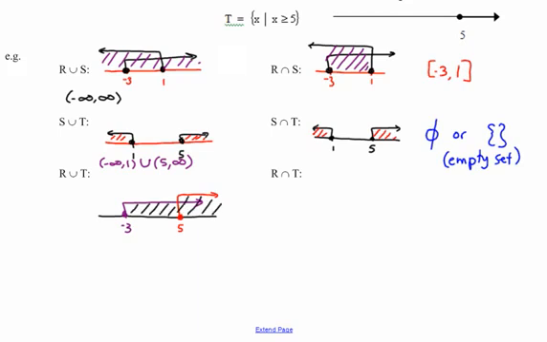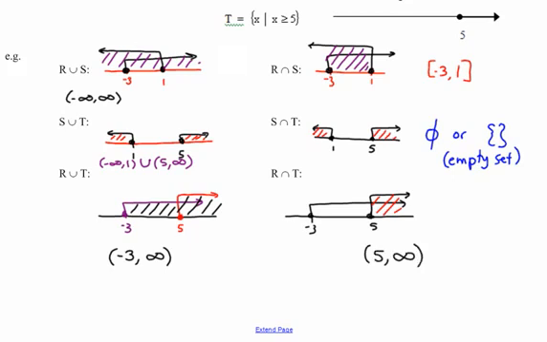From -3 to infinity would be the union of those two solutions. Whereas if we looked at the intersection of the same case, where do they overlap? They only overlap greater than 5, when x is greater than or equal to 5, and so the intersection would be from 5 to infinity.